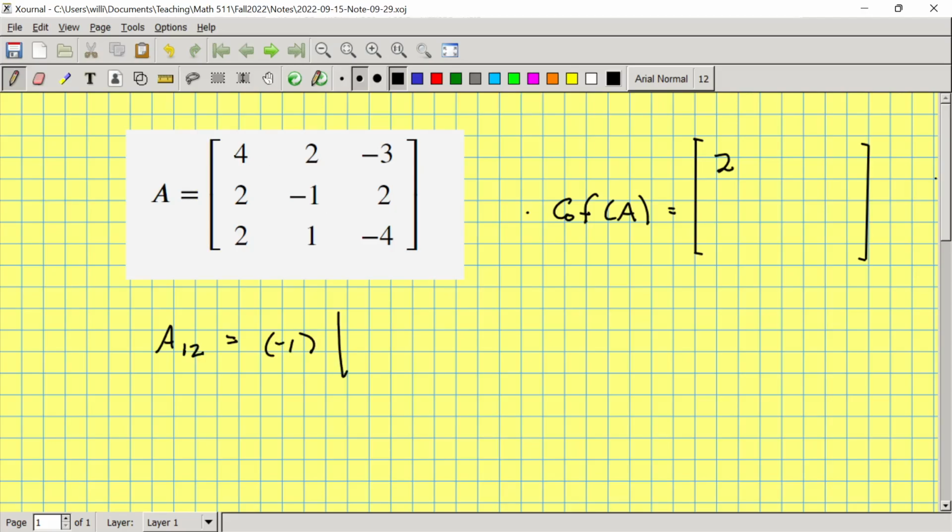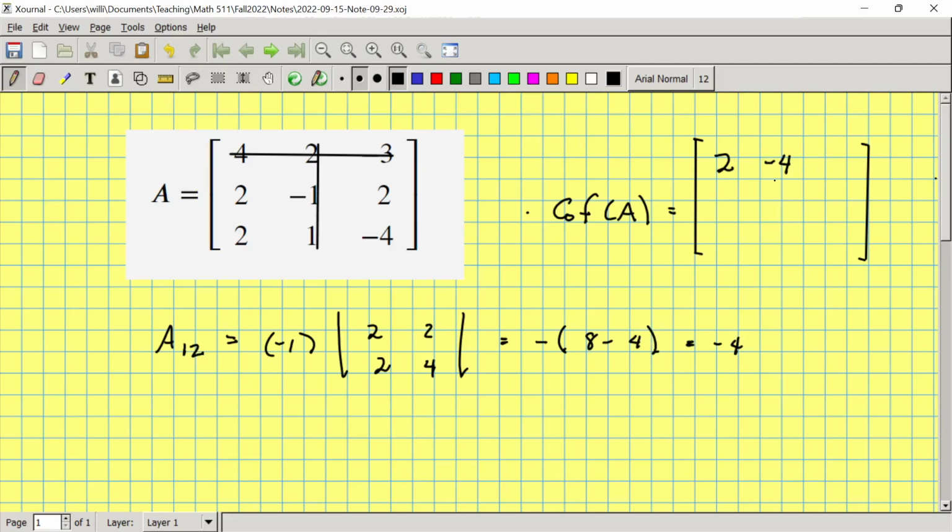Now I'm going to remove its row and its column. And I'm left with a 2 by 2 matrix. And this 2 by 2 matrix has columns 2, 2 and 2, 4. And so I'm going to get a negative 8 minus 4, or a negative 4. So the cofactor is negative 4.